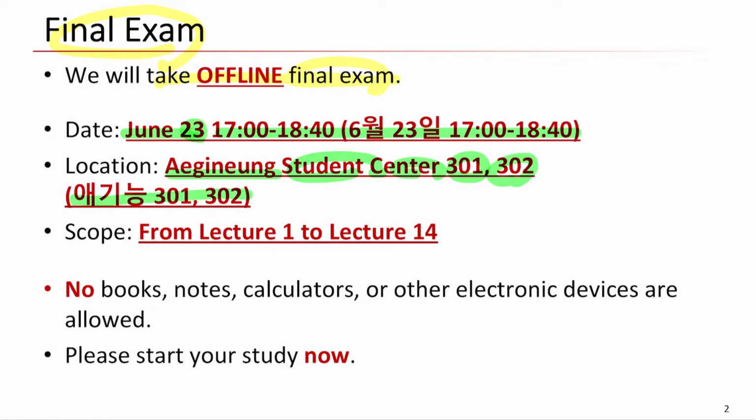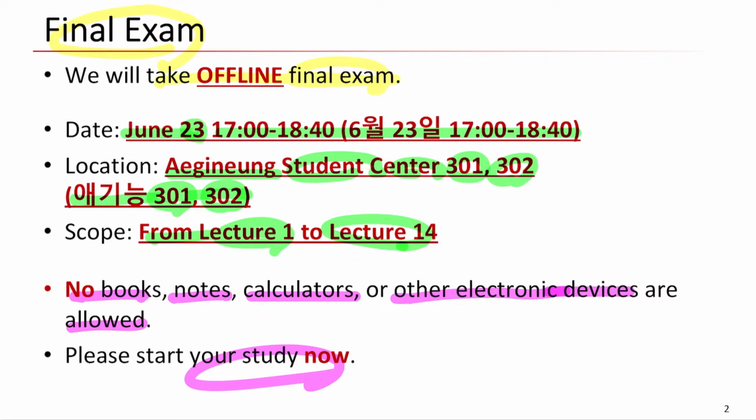The scope of this exam is from lecture 1 through lecture 13. Actually, today's lecture is lecture 13, right? So we have one more lecture next week. No books, notes, calculators, or other electronic devices are allowed. Please start your study as soon as possible.